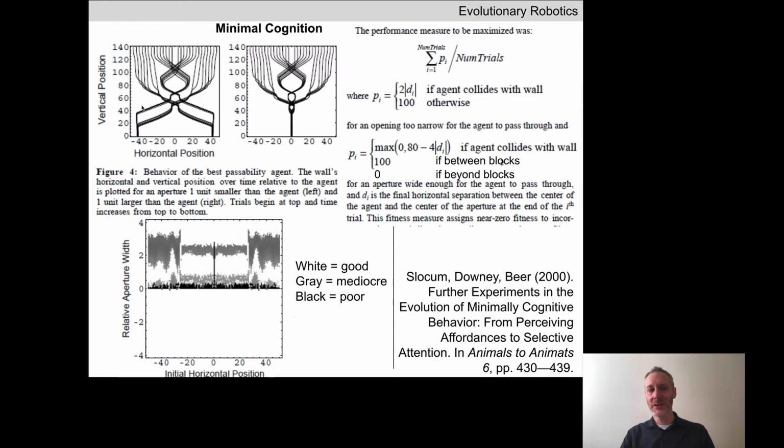But after the object pair is below a height of 50 centimeters, the agent seems to do different things. It seems very suggestive that the agent makes a decision when the object pair is at a height of 50 centimeters. It decides, is the object pair passable or not, and acts accordingly.